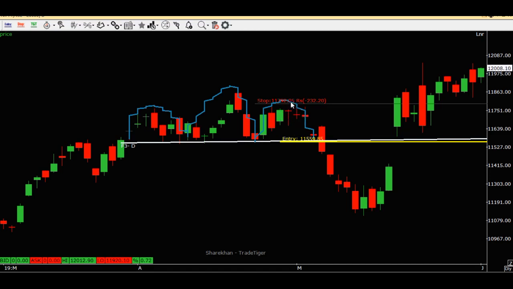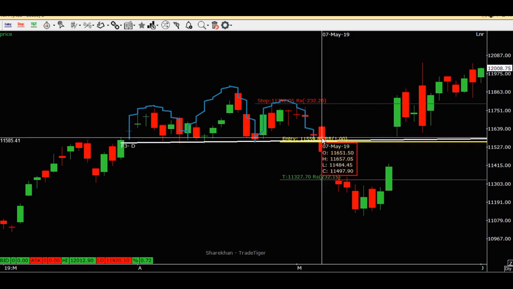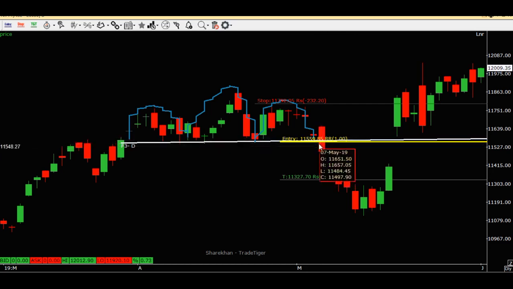So now my first target will be the distance from the stop loss to the entry point. So about 232 points here, exactly, right? So this is the daily chart, guys. So my first target was achieved in 2 days, right? This was the day we would have taken the entry, and my target would have achieved on the second day. Okay, this is how beautifully this pattern works, right?